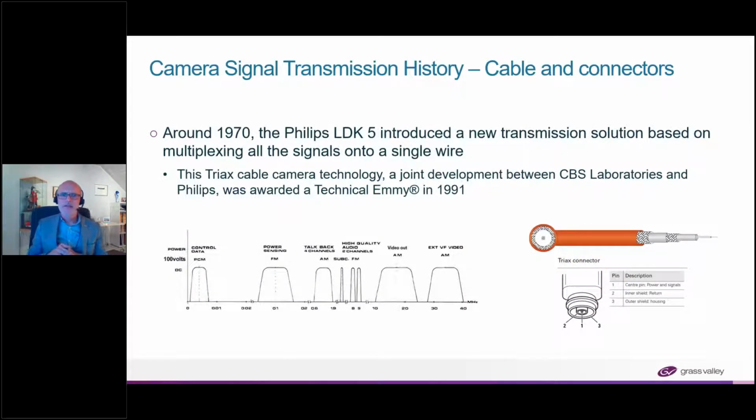It was around 1970 that Philips introduced the LDK5, which was the first camera using a completely new signal transmission, where all the signals between camera head and base station were sent over one single coax cable with a second shield, the so-called triax cable, and all the signals were multiplexed on different carriers. This triax cable technology was a joint development between the CBS labs in the US and Philips Broadcast, and it was also awarded a technical Emmy in 1991.